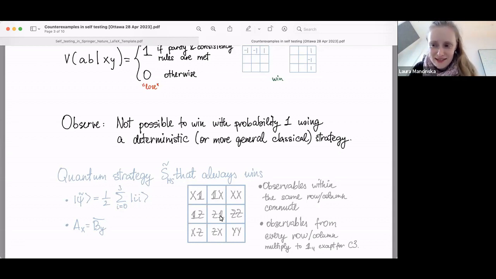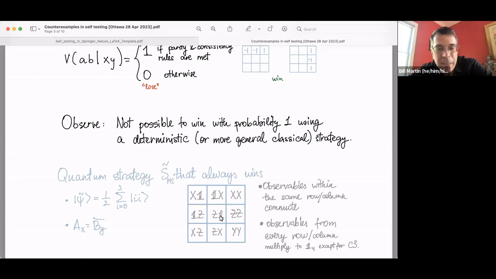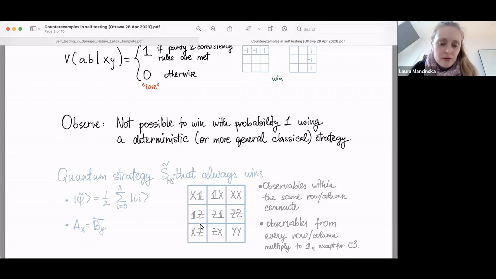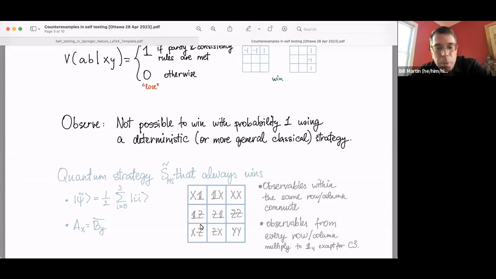Does that make sense? Yes, the last step is the part where I'm lost. Why is the center one, Z tensor 1, associated to a particular eigenspace of Z tensor 1? Sorry, can you say that again? So for example, in the center column, you have Z tensor 1, and then you're saying that there's an eigenspace there.